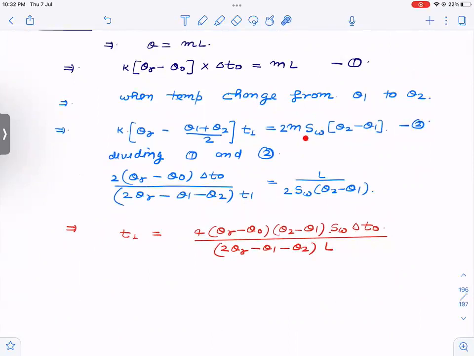We can just divide these two. If we divide these two, then K will cancel. And T1, the time, you get as 4 times theta r minus theta naught, room temperature, and theta naught was 0, over theta 2 minus theta 1. This is the second condition. The specific heat and delta T naught are given, and these are the same symbols, right? So that's it. That was my analysis.